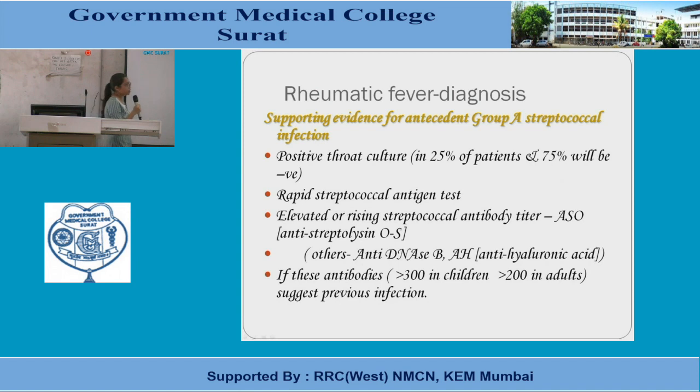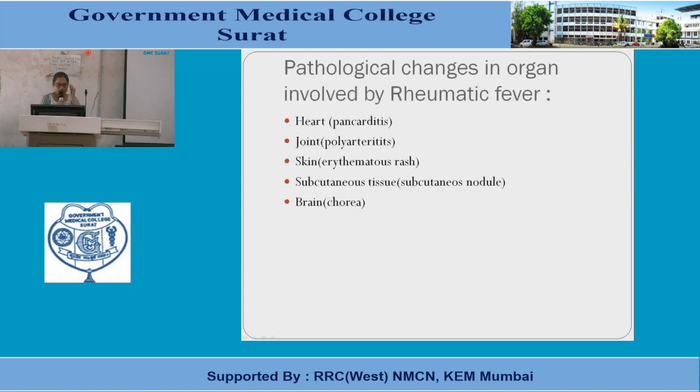When this antibody titer is more than 300 in children and more than 200 in adults, it suggests previous infection. Okay. Now we will see the pathological changes in the organs involved by rheumatic fever.